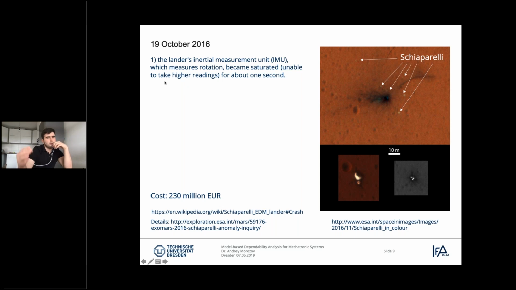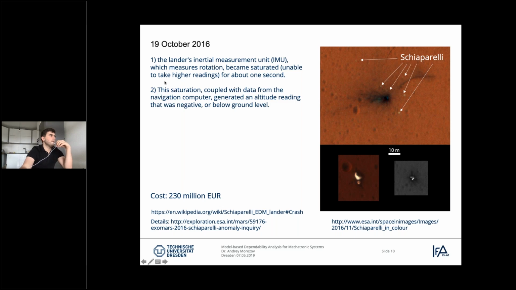Saturated means that it is unable to take higher readings. The saturation was coupled with the data from the navigation computer, which generated an altitude reading that was negative, below the ground. So basically it was a sensor fault plus a software fault, and these faults together told the vehicle that the altitude is negative, meaning that we are already on the ground or even under the ground.